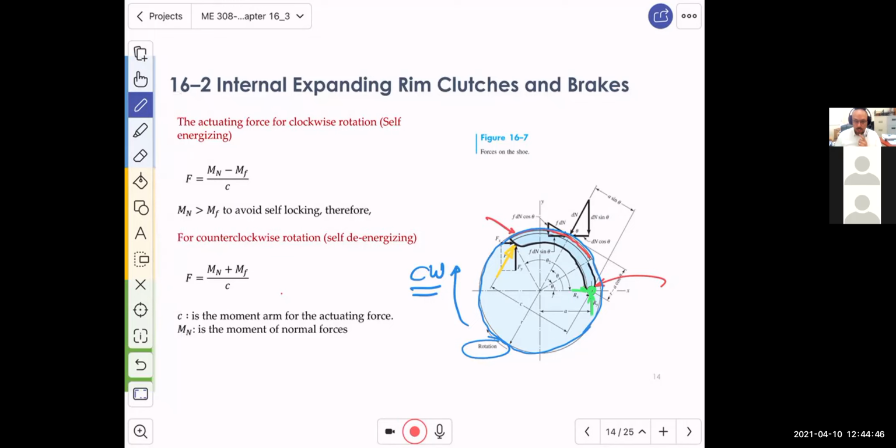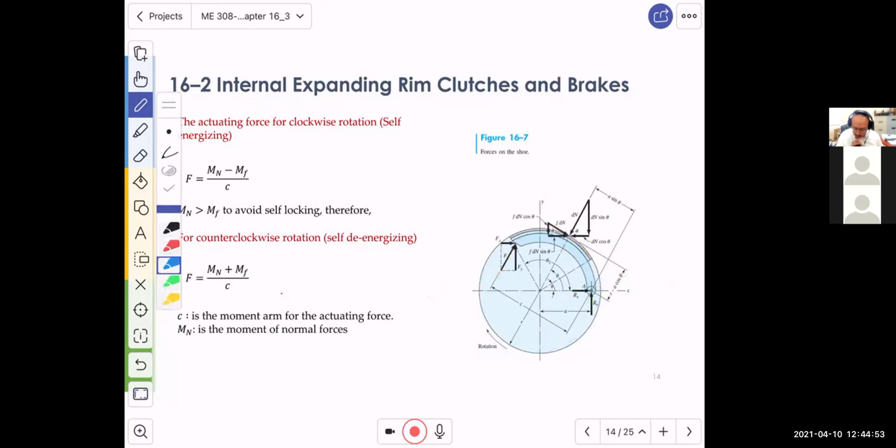So if you look here, what we have is a point. I'm going to clean this up again. This is very important. I'm going to clean this up, and then I will show you this point right there, a point of contact, and then we resolve the forces. When the pad is pushing against the drum, there is a normal force acting. So in a differential element, remember, there is a surface, there is a pressure distribution.